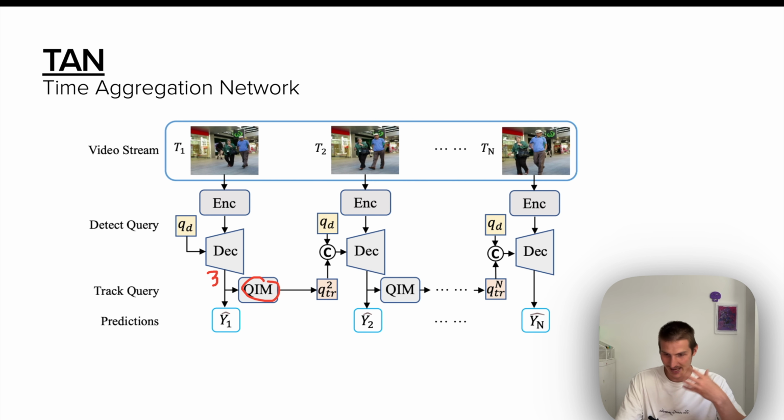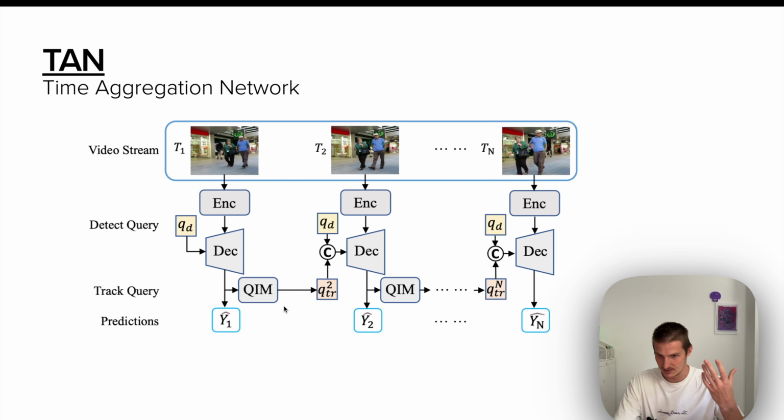It's an extra step that allows the model to look at only the detected objects one more time, and have some differentiation between the actual output and this carrying over of queries from frame to frame.